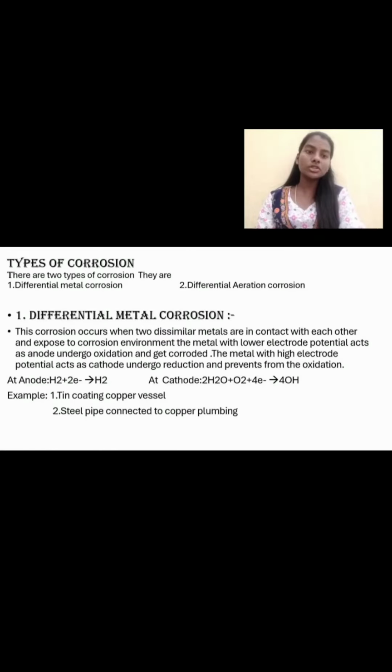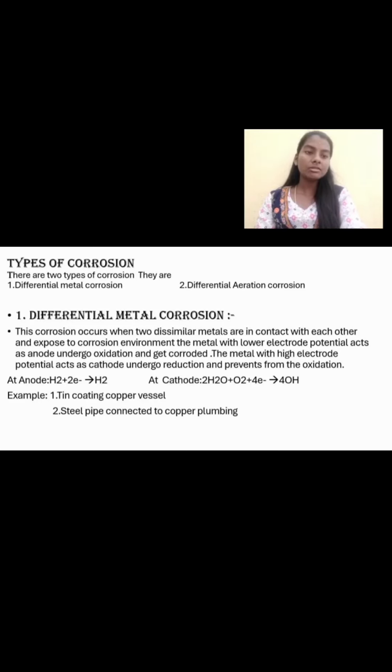Two types of corrosion: differential metal corrosion and differential aeration corrosion. First one, differential metal corrosion. This corrosion occurs when two dissimilar metals are in contact with each other and exposed to a corrosive environment.